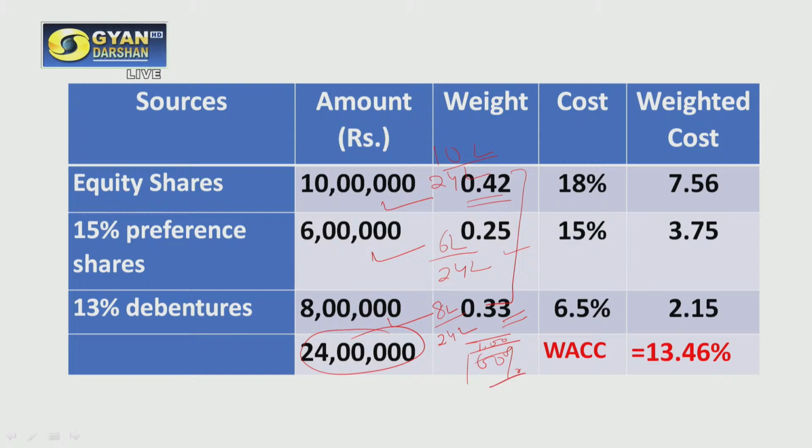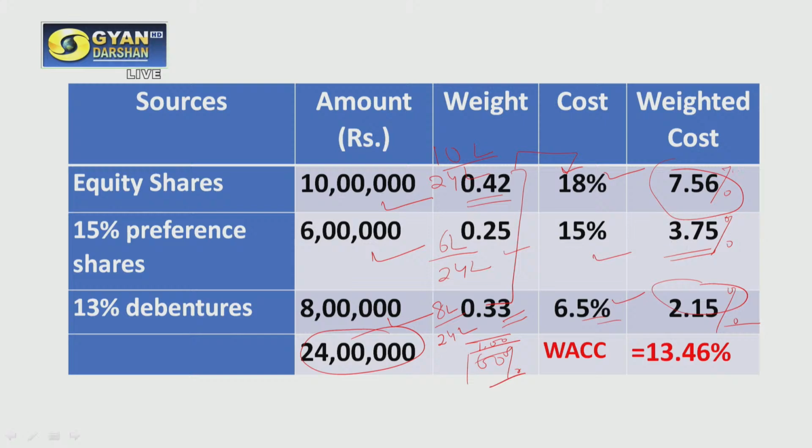Now, individual cost of capital we already calculated: 18% in case of equity, 15% in case of preference share, and 6.5% in case of debentures. Now we just need to multiply the weight and cost, and we will get the weighted individual cost. So 0.42 multiplied by 18%, we get 7.56%. 0.25 multiplied by 15%, we get 3.75%, which is the individual weighted cost for preference shares. 0.33 multiplied by 6.5 will give us 2.15, which is the individual weighted cost for debentures.